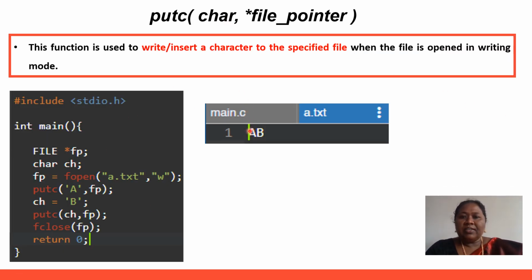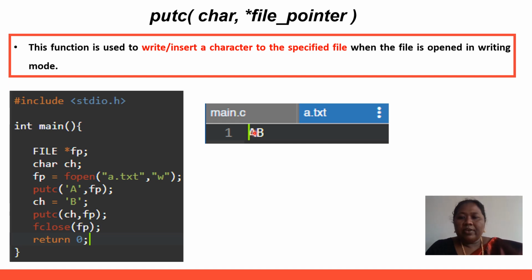putc is used when you want to send a single character back to that particular text file. So putc of a particular character, comma, the file pointer. The character is stored statically here, but if you want to make it dynamic, you can read it dynamically. For example, one single character, whether the gender is male or female.